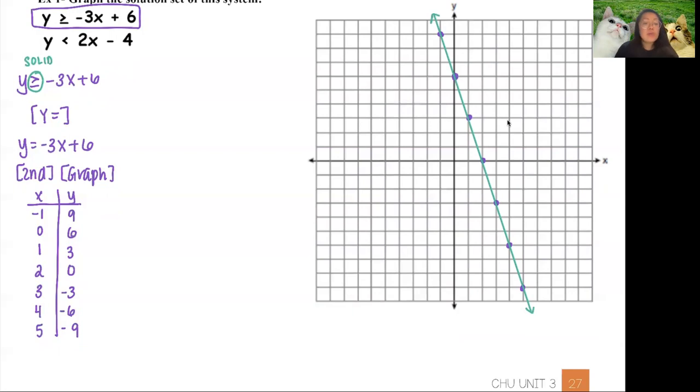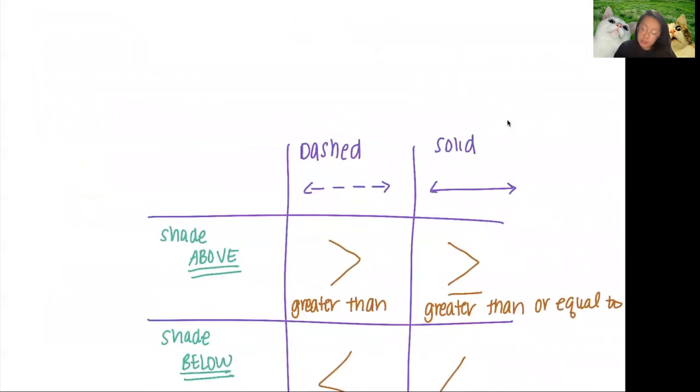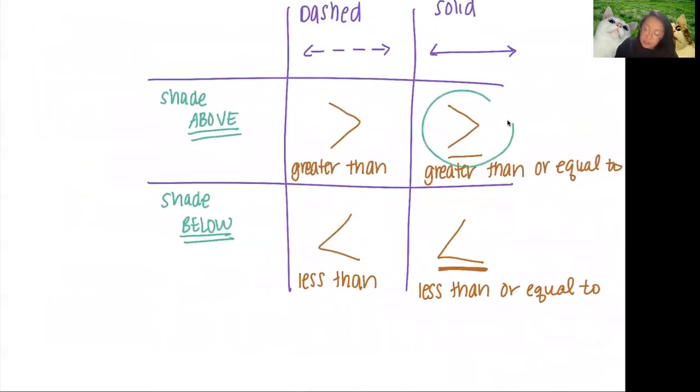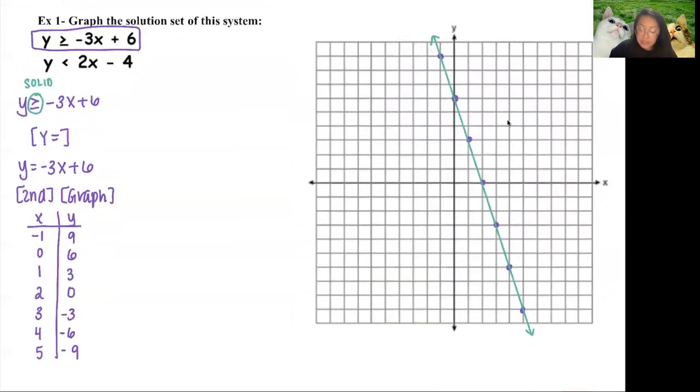Okay, and then we also want to ask ourselves, are we going to shade above or below? Again, go ahead and refer to your chart if you forgot. So this was a symbol that I had. It was a solid line, and we're going to be shading above for the symbol. So by shading above, what we really mean is that we have our inequality.